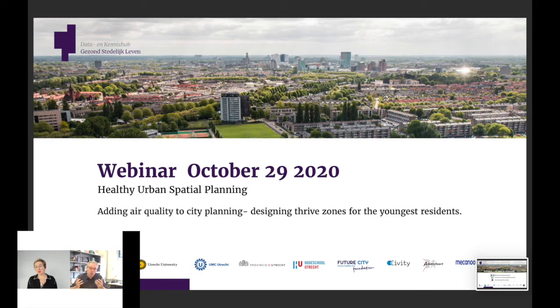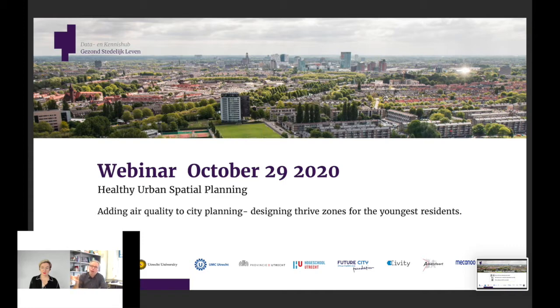And it's also private companies that collect data. And what is so important is that we make all this data fair, findable, accessible, interoperable, and reusable, so that everybody can use those data and insights to make it actionable.